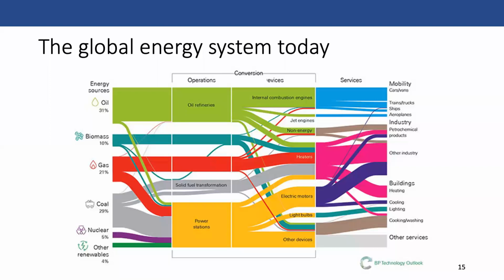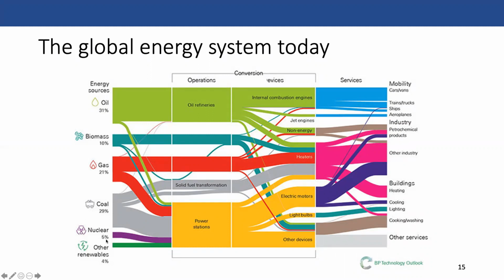So we've definitely looked at some of these Sankey diagrams before. So thinking about a lot of the end services in terms of mobility, industry, heating and cooling for buildings, and other services, when we look at basically how most of that is fulfilled worldwide, again, there's a fairly low proportion of things like renewables and nuclear energy, right?